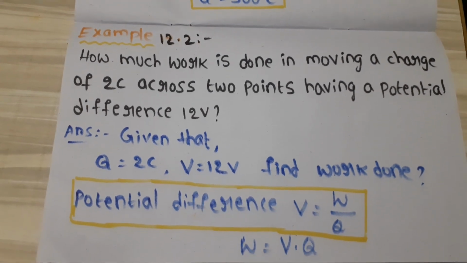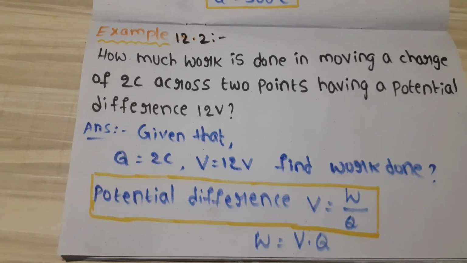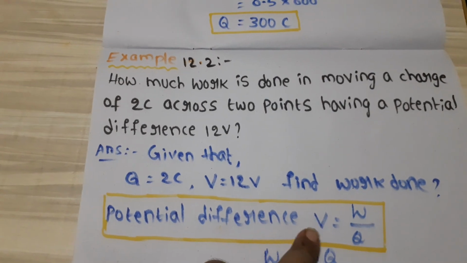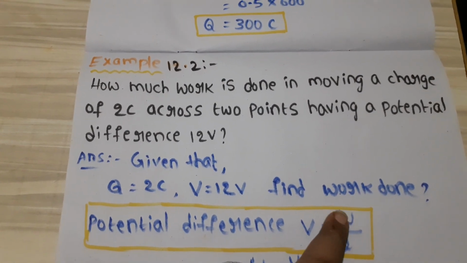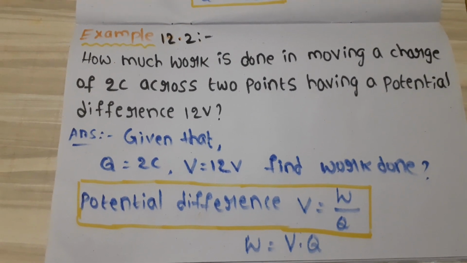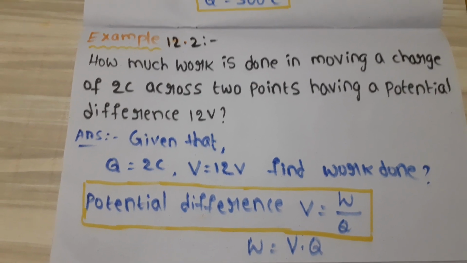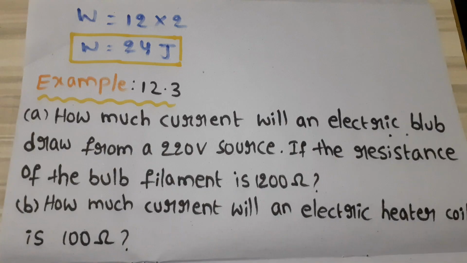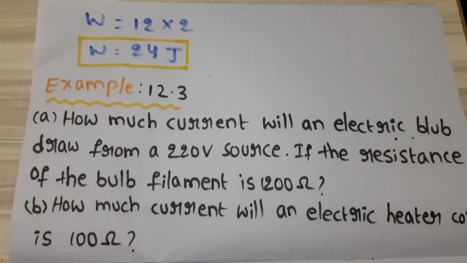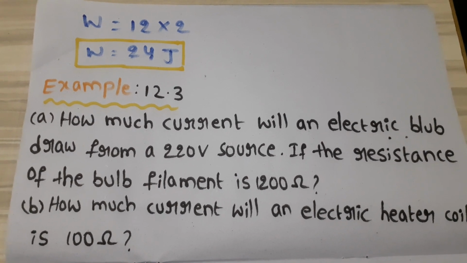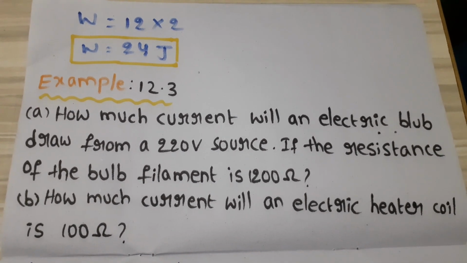We have to find the work done. We know the potential difference formula V equal to W by Q, where W is work done. So W equal to V into Q. W equal to 12 into 2, 24 joule work done.